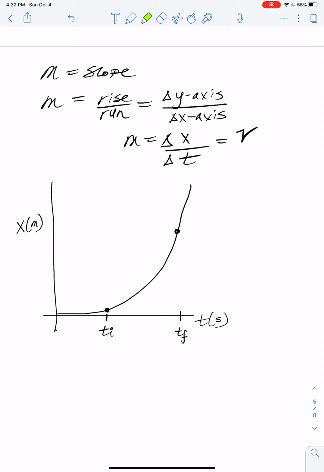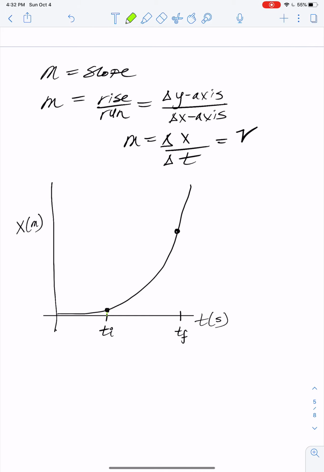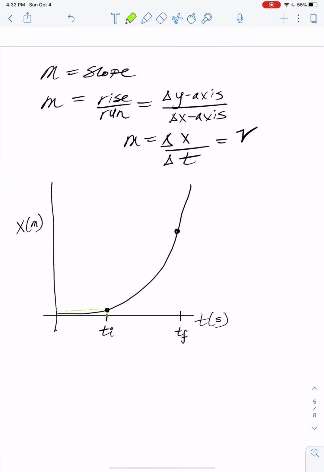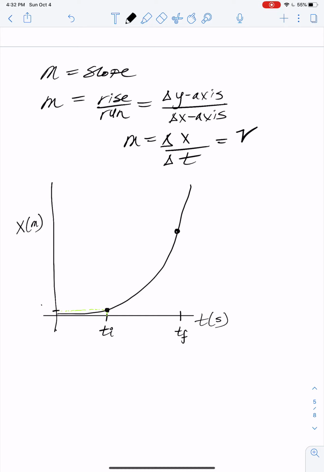And therefore, let's get some green. This time right here is going to follow over to this position right here, and we're going to call that xi. Now notice it's not the very most initial of initial. It's not 0. It's at time ti, at xi.